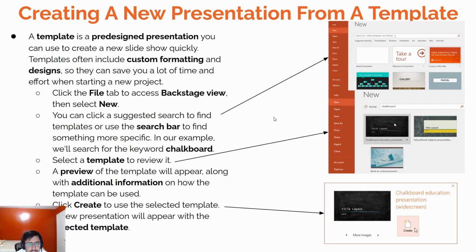We can then click a suggested search, so like right here, to find templates, or we could use the search bar. So we could use these, like presentations, business, orientation, or we can search for what we're looking for. Then we can click on a slide to review it, right? And if we like the preview of the template, we could click Create and a new presentation will open up for you.